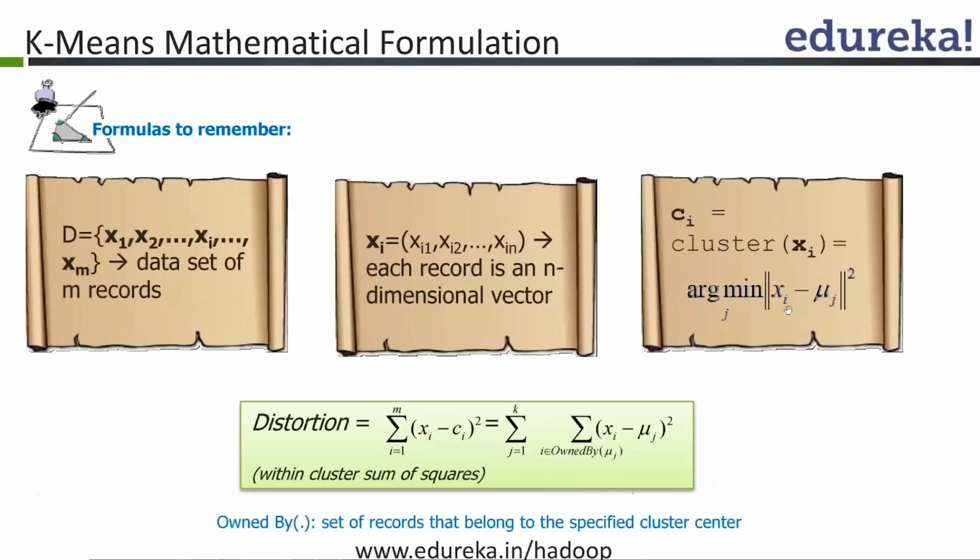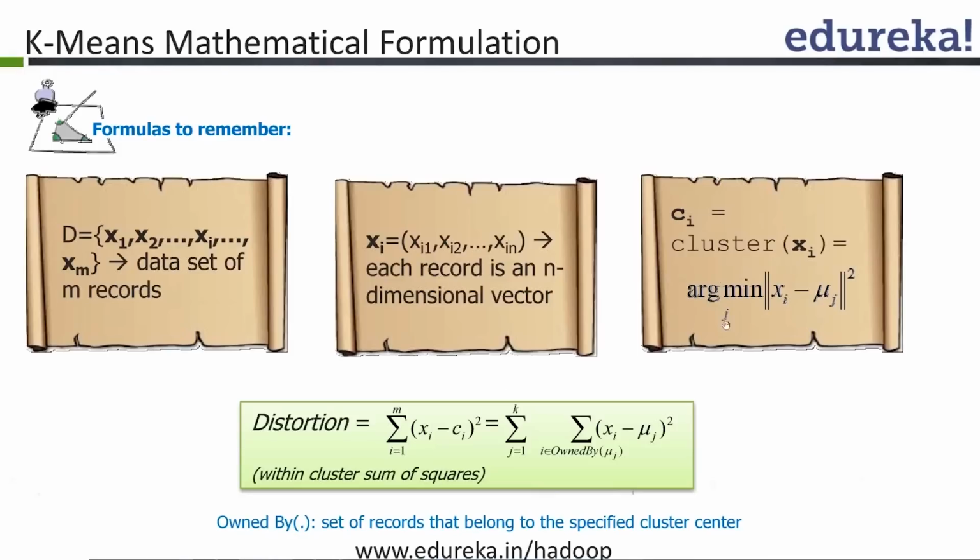I compute the distance between xi and mu j. Mu's are the k centers, mu1, mu2, mu3 until mu k. Those are the centers. So I compute the distance between my data point and the cluster center, and I choose the minimum, and that would be the cluster to which xi belongs, okay.